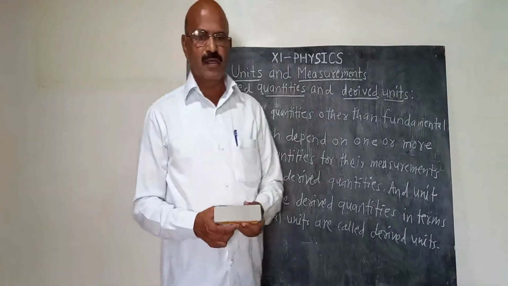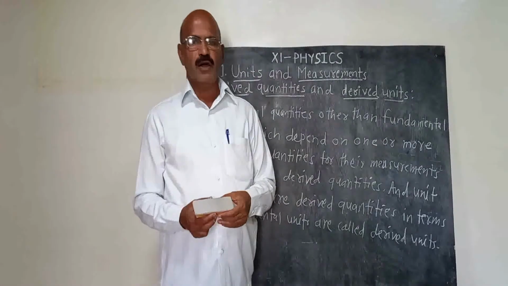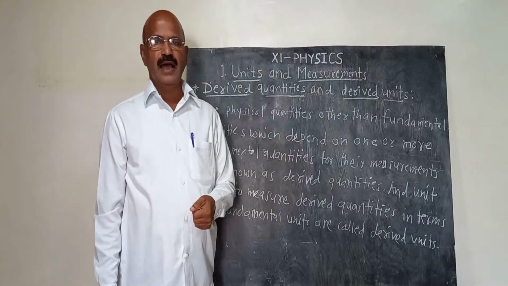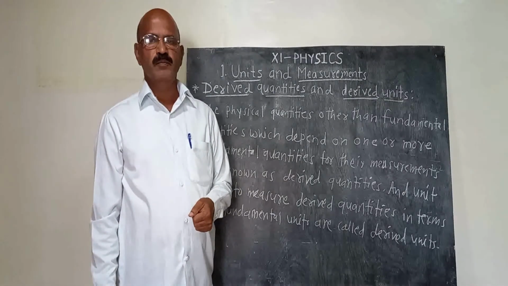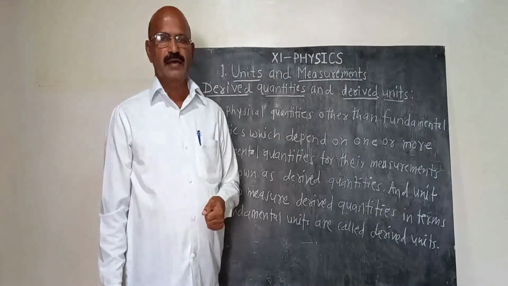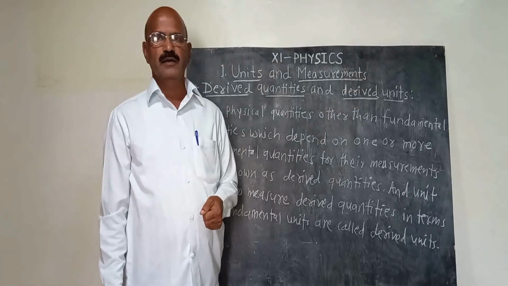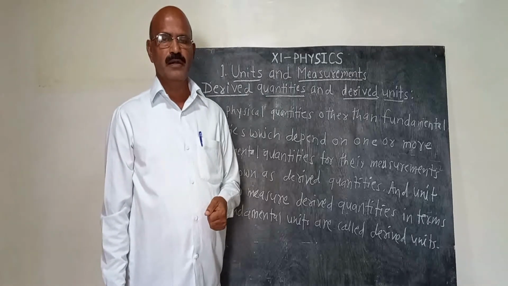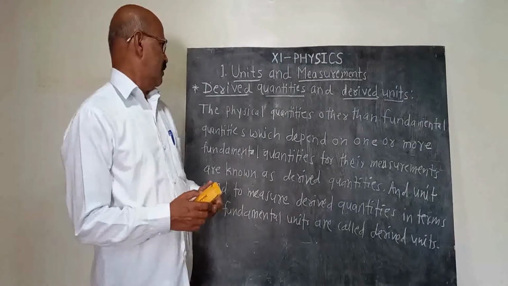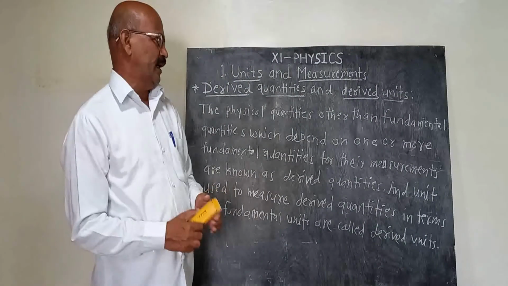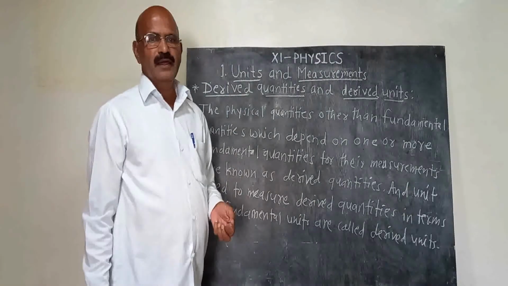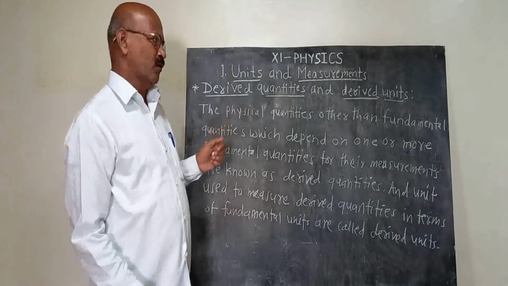So in physics we come across a number of derived quantities, for example area, volume, density, force, acceleration, work, pressure, momentum, etc. We can obtain their derived units easily by using the formulas of these derived quantities.